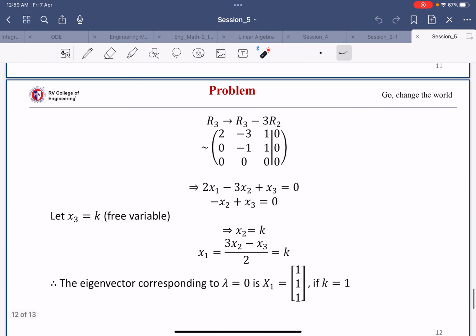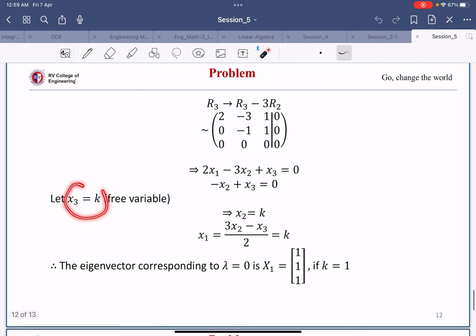So what I do, I take x3 as k, and x2 becomes k, right? So x1 becomes 3x2 minus x3. So if x3 is k, x2 will also be k because of this particular equation.